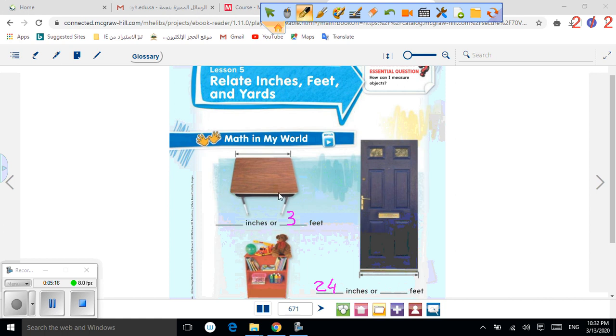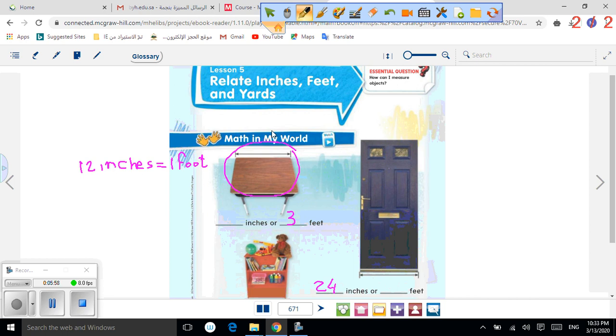If this table length is 3 feet, so it will be how many inches? Let's count it. By using our rules, we know that 12 inches equals 1 foot.